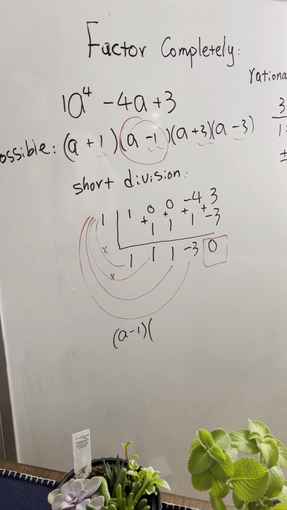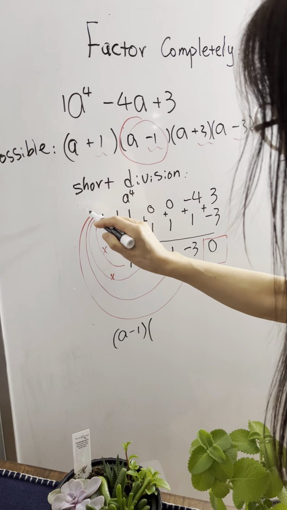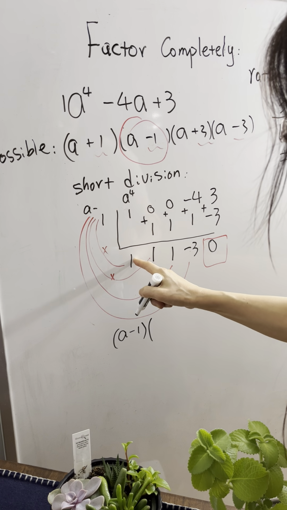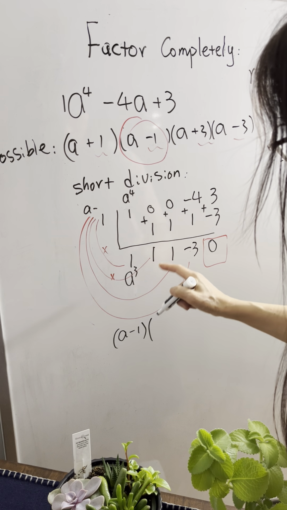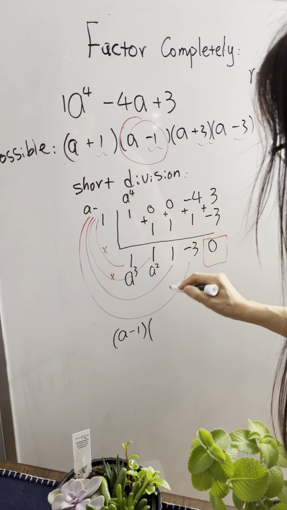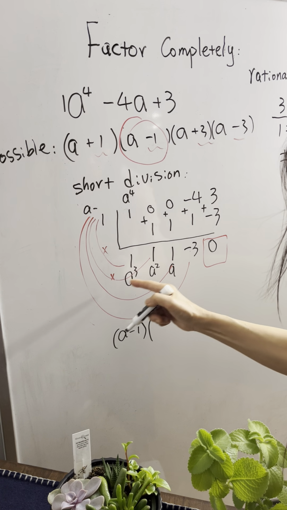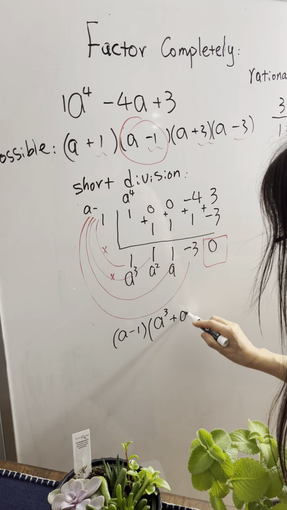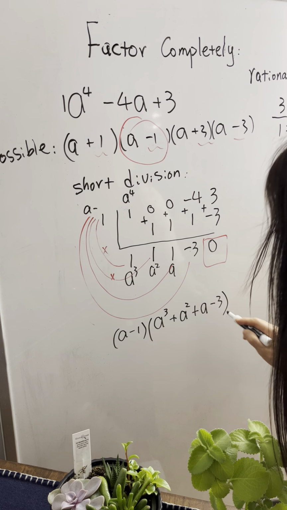But how am I going to write the rest of the terms? This is a minus 1, a to the first power. So this one has to be a cube, and this is the coefficient of a cube. This is the coefficient of a squared, this is the coefficient of a, and this is the constant term. So writing this as a cube plus a squared plus a minus 3.